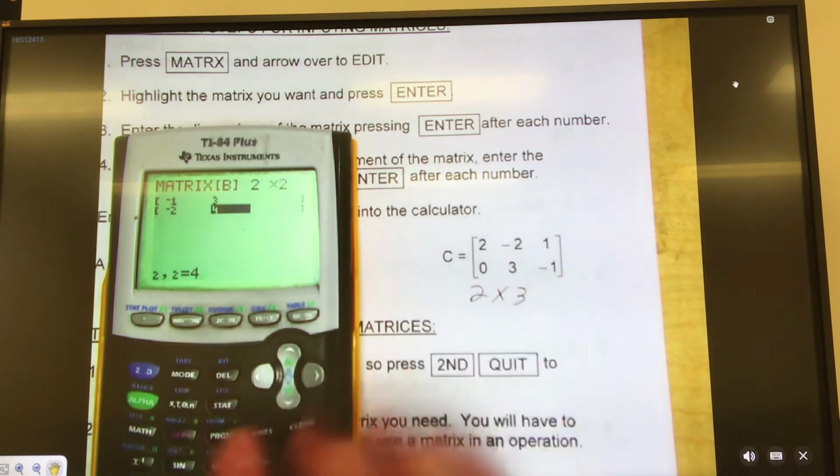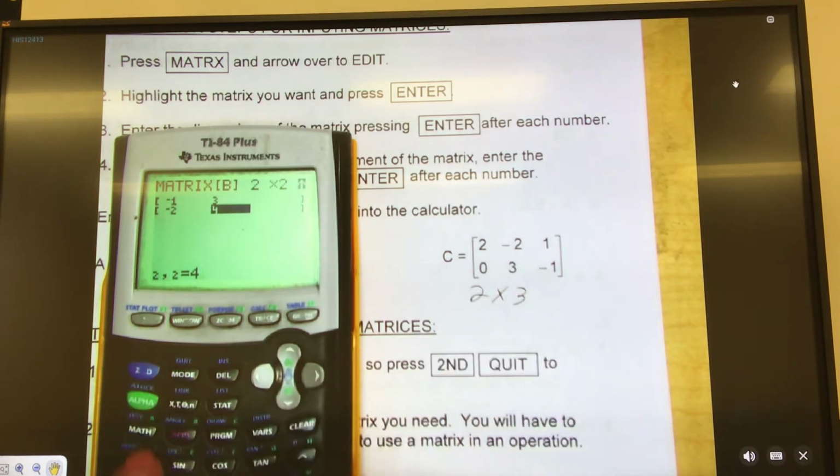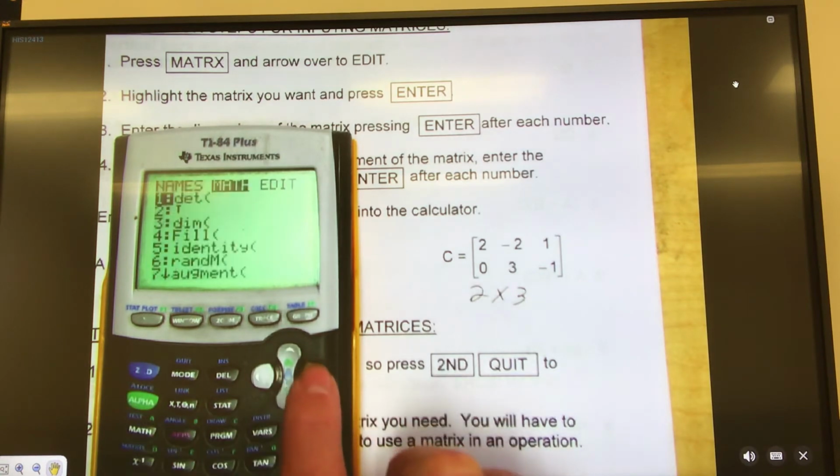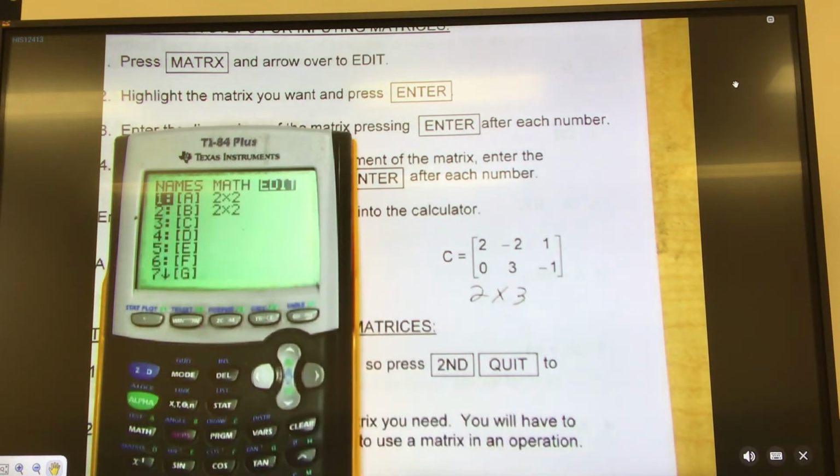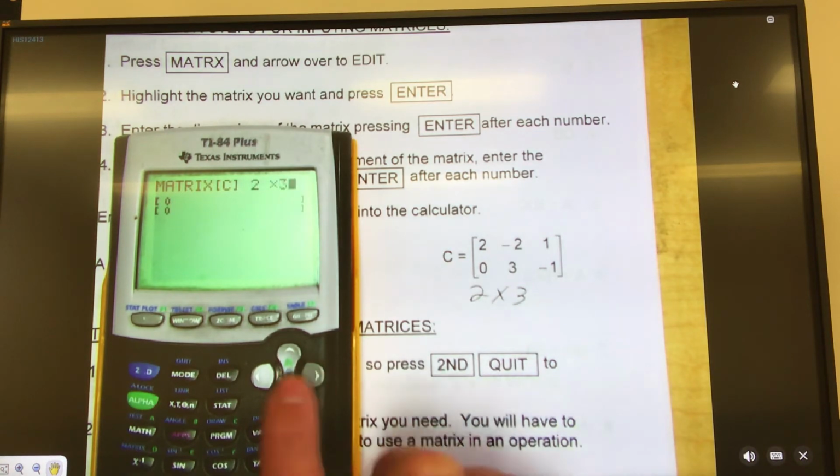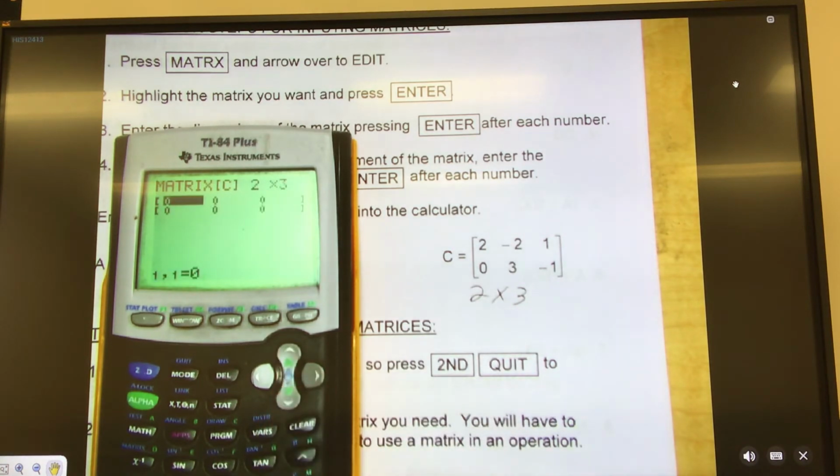Now, repeat that for matrix C. Second matrix, go over to edit, number 3 for matrix C, and it was a 2 by 3 this time, and I type in my numbers, 2, enter, -2, enter, 1, enter, 0, enter, 3, enter, and -1, enter.